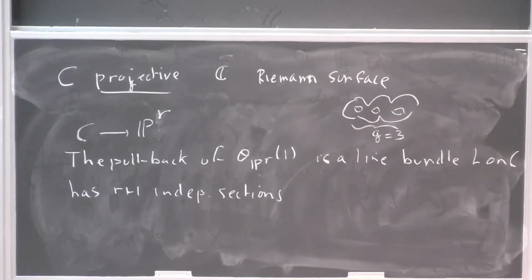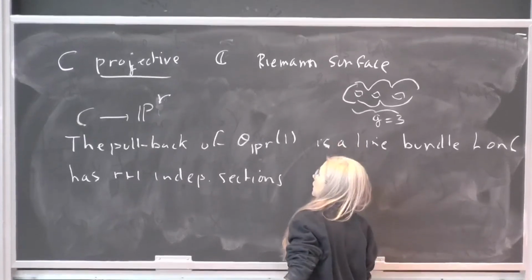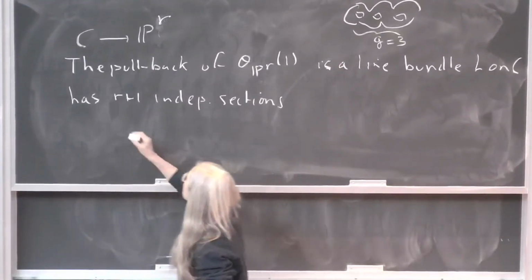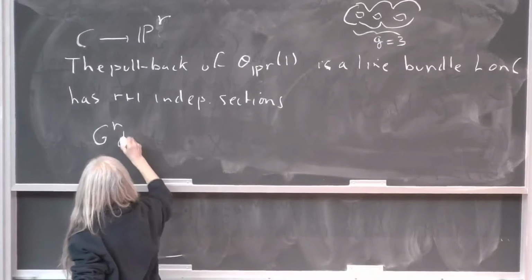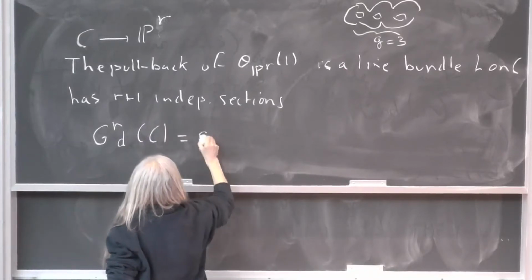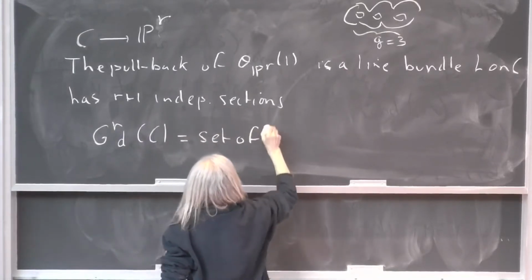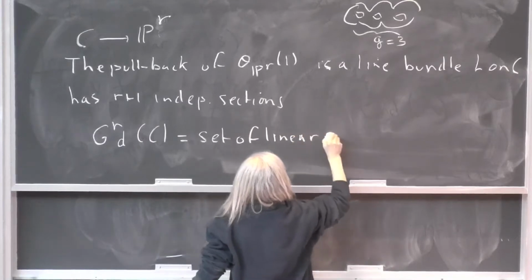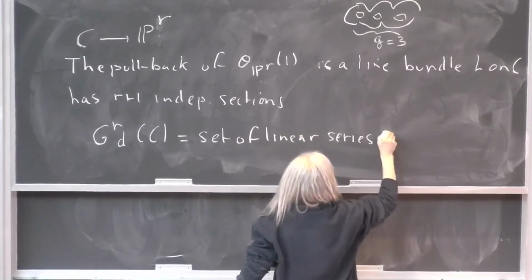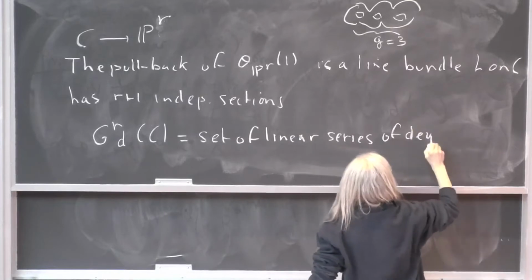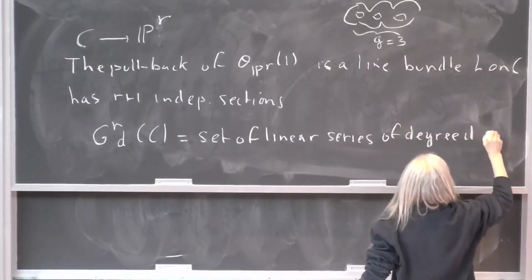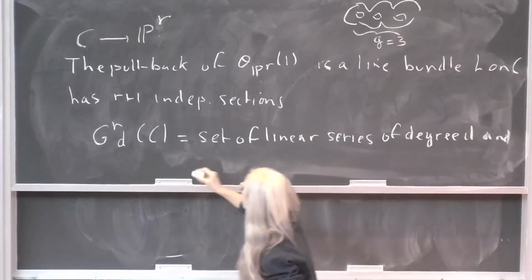So the interesting thing to consider for every curve is the set of line bundles which have this number of sections. We write G^r_d of C as the set of linear series of degree d and dimension r on the curve C.